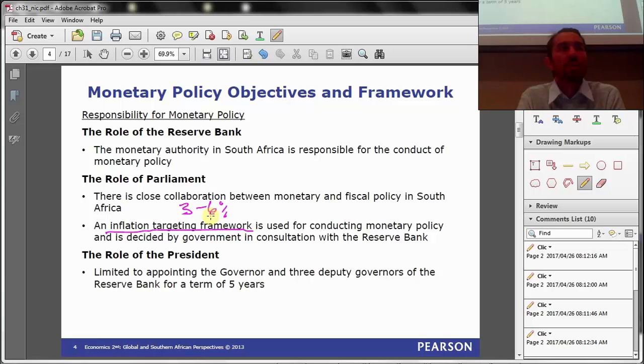Oh man, I forget what his first name is. But anyway, I think it's Kanyeho. And then before that was Jill Marcus, and before that was Tito Mboweni. So this inflation targeting, I think it was put in place with Tito. It might have been before, but I think it was with Tito.